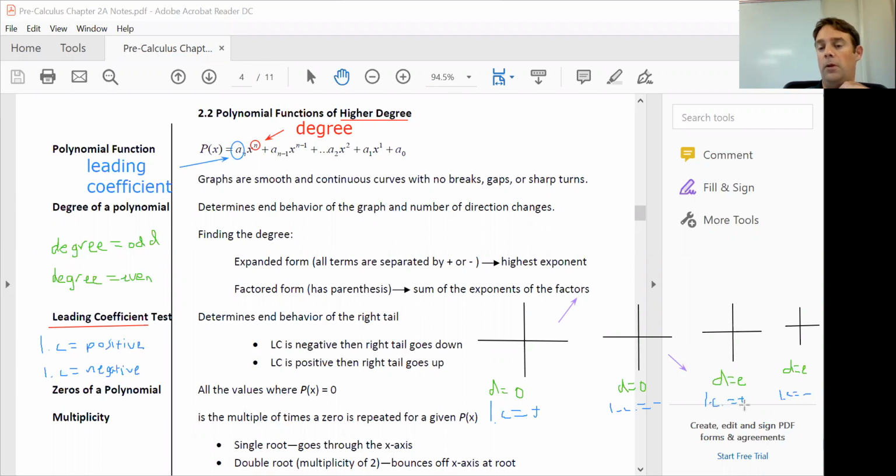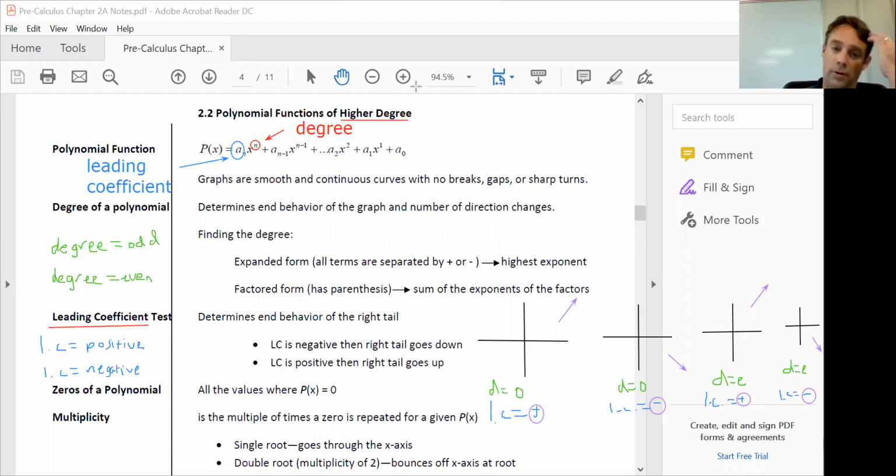So positive, going up, negative, going down. We use the leading coefficient to determine if the graph is going to end high or end low.